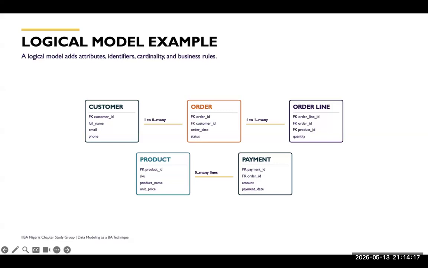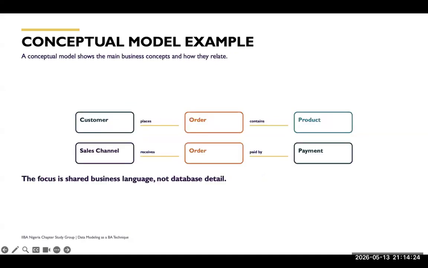So in summary, I'll explain again. The conceptual model, let me just go back a slide, is also called a computer independent model. And why do we say it's called a computer independent model? This is because it focuses on what the model is describing, what the information requirements are. It just identifies the concepts within the business and their relationships.